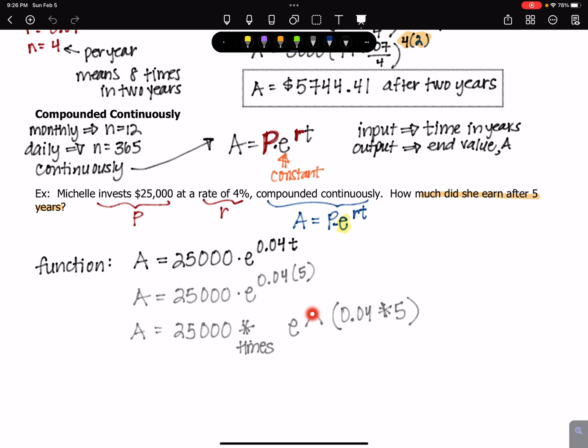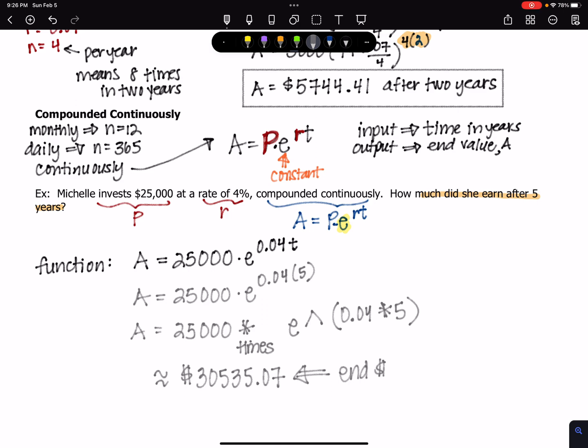If it shows you the upper caret and doesn't show you that it's being raised, but instead shows you this character, then you need the parentheses around the 0.04 times 5. And then when I put that in my calculator, I get approximately a dollar amount, $30,535.07.